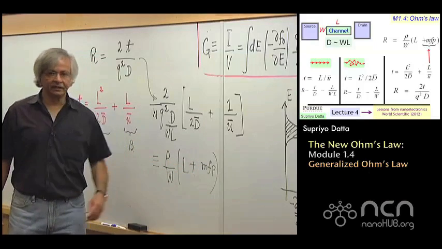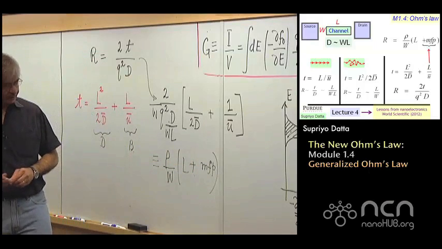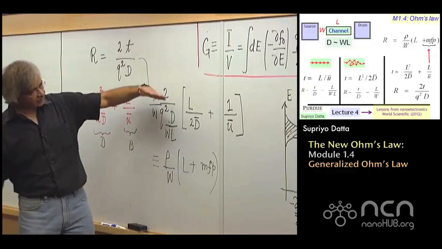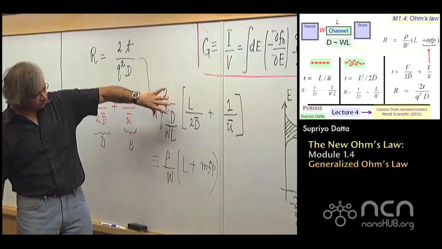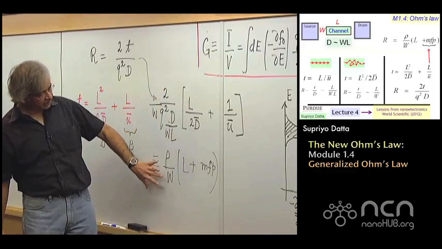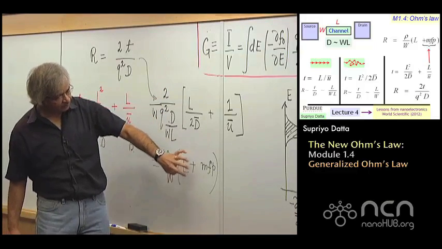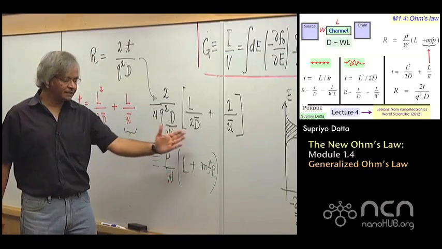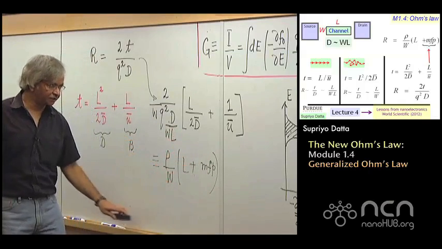But this is the part that I'll be getting into in the next module. That is, you can see that from here, you could manipulate it and write it in this form, where you would have a length plus some quantity. But what it is, and how we discuss this, that's the part that needs a little more discussion.